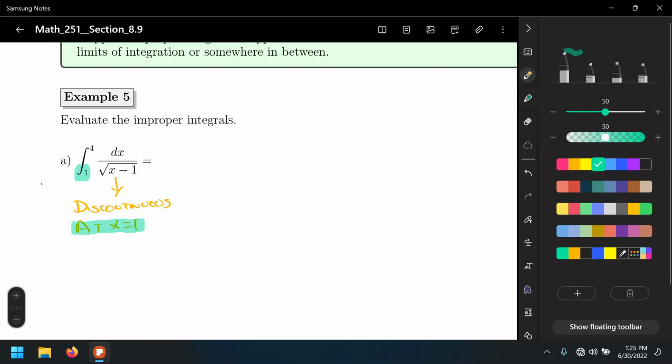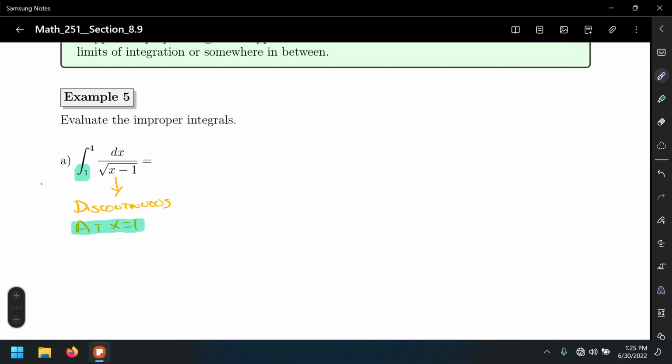Therefore, we will have to set this as a limit problem. All right, so this will be the limit of the integral from a to 4 as a approaches 1. But in this case, we need to be careful. We need to be very, very specific with the notation, because this limit is approached to 1 from the right.